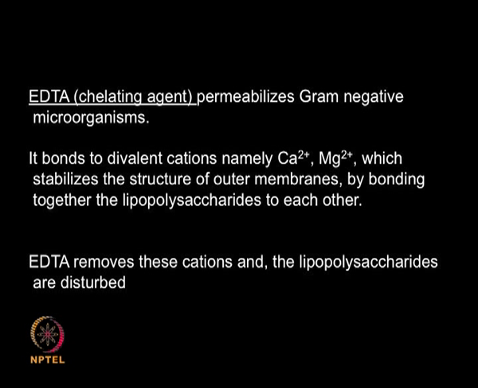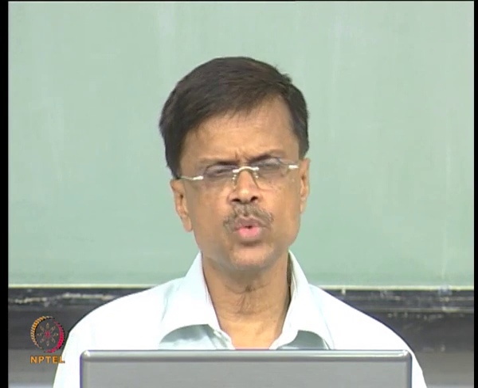So when EDTA goes and removes these calcium and magnesium, the bonding of the lipopolysaccharides gets disturbed, so they fall apart, and you create pores in the cell membrane. So any chelating agent which goes and binds to this calcium and magnesium is a very good agent to create pores in the cell wall, and EDTA is one among them.